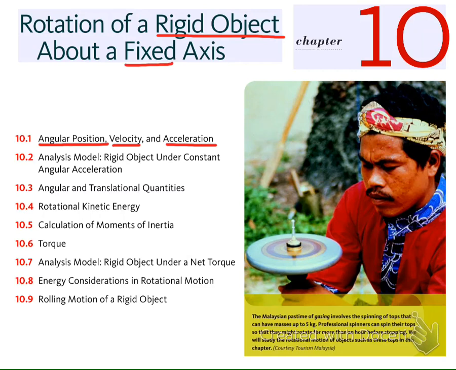We then derive the equation of motion for the rotation. And in this chapter we will talk only about the rotation under constant angular acceleration.